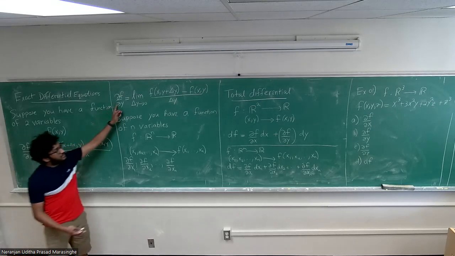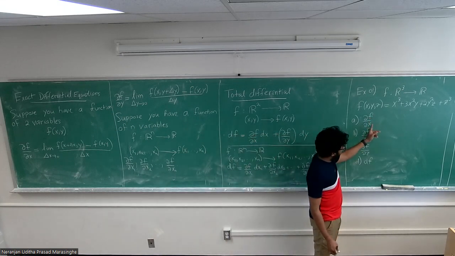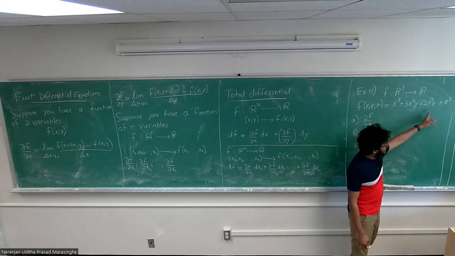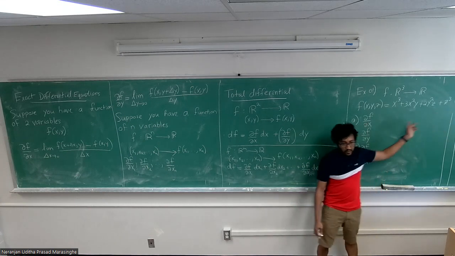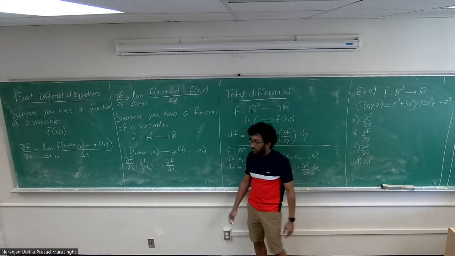Actually, you do not need to apply this definition, right? Because when you're finding the partial derivative with respect to x, think y and z are constants, right? And take the derivative with respect to x. Right?